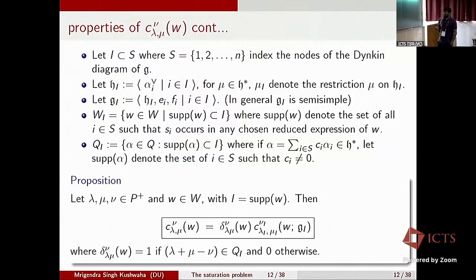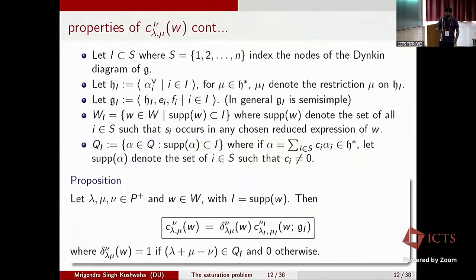Okay, so we can notice this property: if I take lambda, mu in P plus and W in the Weyl group, and suppose I is the support of W, then C lambda mu nu W is delta lambda mu nu W times C lambda I mu I nu I, where lambda I is the restriction I defined here, and W in Gi. Here I put Gi just to emphasize that I am considering it as a Lie algebra Gi. What is this delta term?